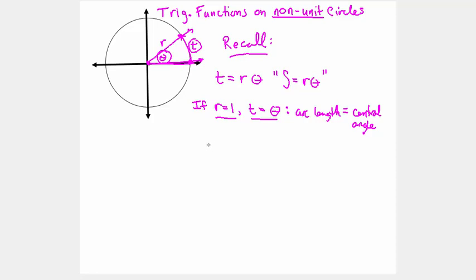Now this would make sense. For instance, and let me just sketch another unit circle to start fresh with an example down here of a certain measure. Let's suppose that the radius of this circle is 1. Okay, well that would mean then that this is a unit circle. And let's say that I extend an arc up of length pi over 3, one of our special arcs. Okay, so we know where that would go.